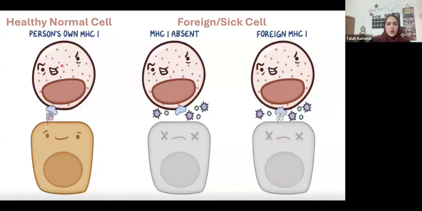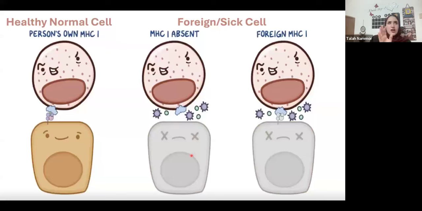Now, this is what will happen. The natural killer cell goes and tries to identify: is this the person's MHC1? If it is, then I'm not going to do anything, because this is a healthy normal cell. But if it goes to a cell that does not express MHC1, that's weird, because it's supposed to express MHC1.